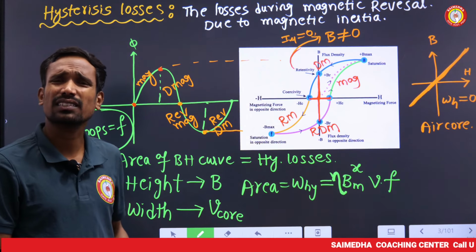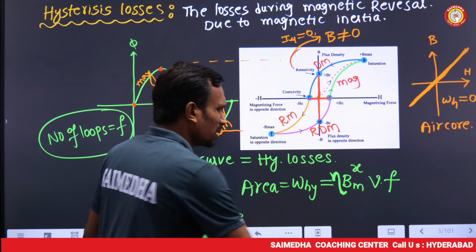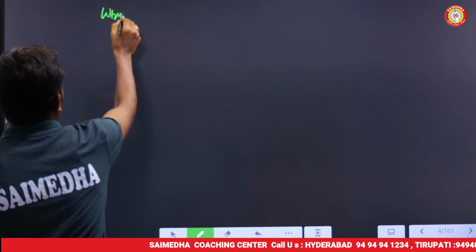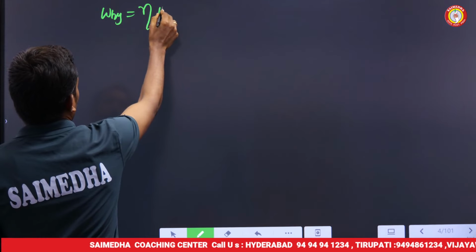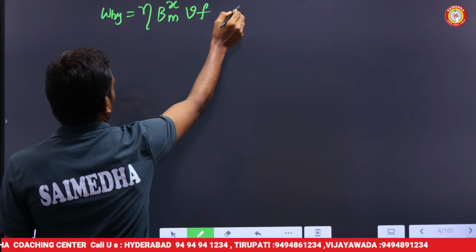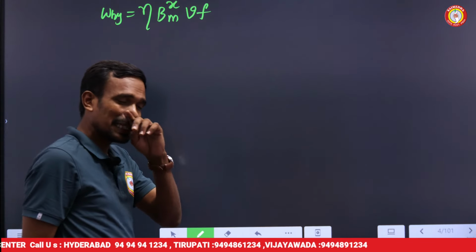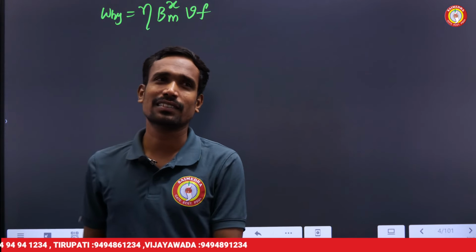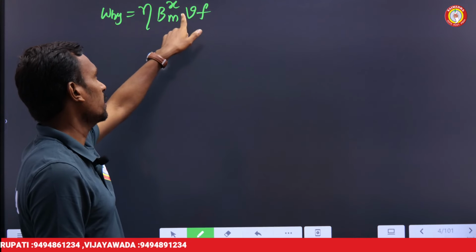So what is the formula for hysteresis losses? Steinmetz constant times B max to the power x times volume of the core times frequency. Okay guys, the hysteresis losses depend on flux density, volume of the core and frequency.